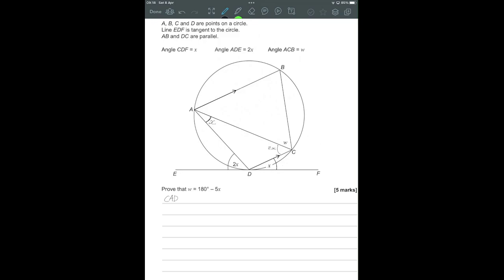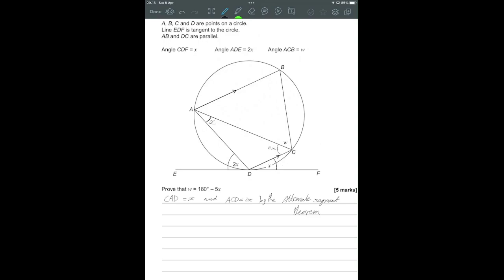So CAD equals x and ACD equals 2x by the alternate segment theorem. Okay, and I like to do the questions like this. I like to have each step I do, I write the reason immediately, rather than trying to find it and go to the end.